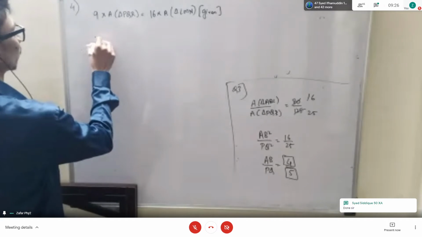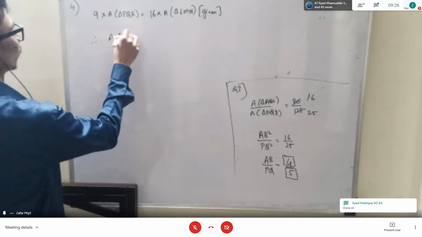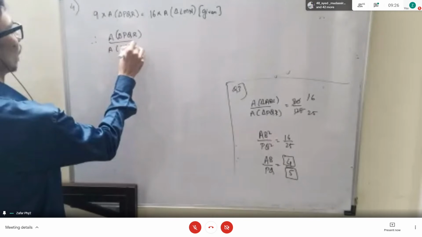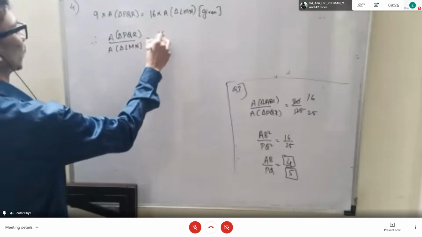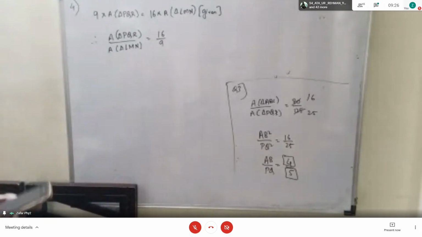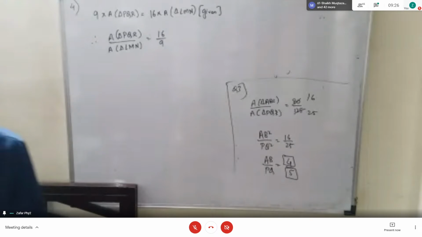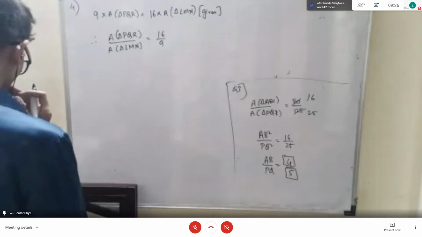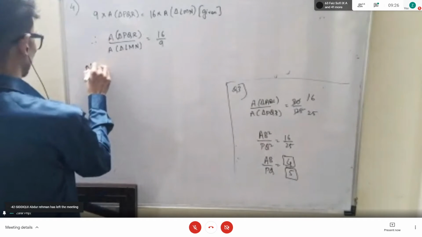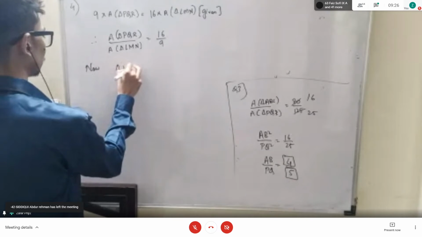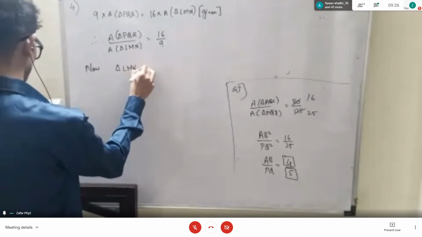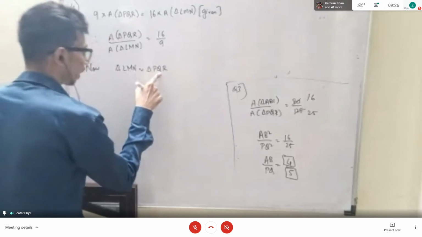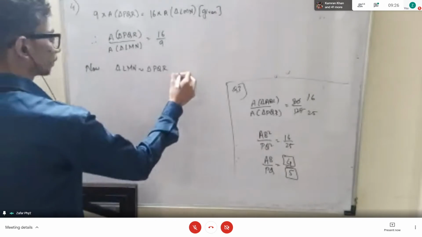Solve this. Therefore, area of triangle PQR upon area of triangle LMN is 16 by 9, right? And they have said triangle LMN is similar to triangle PQR. So if these two triangles are similar, then what can we say?